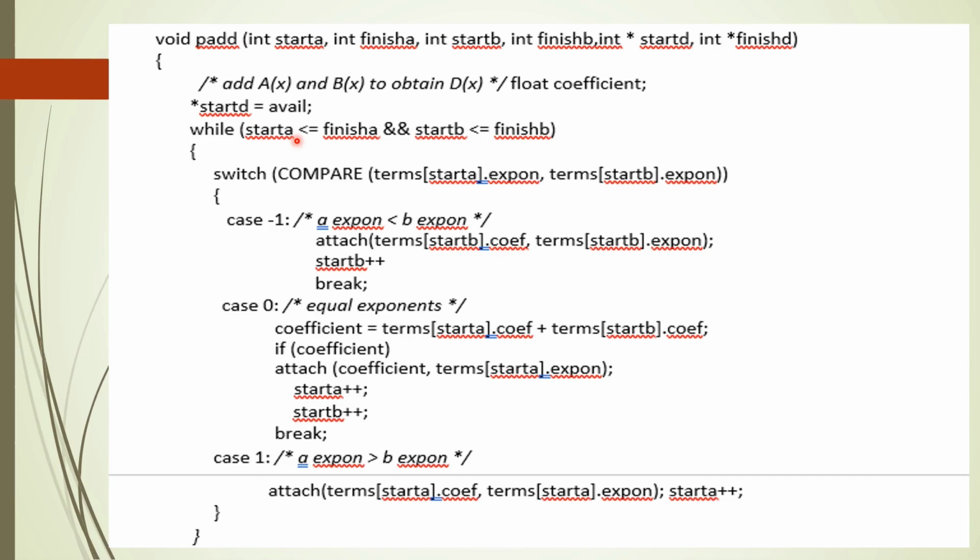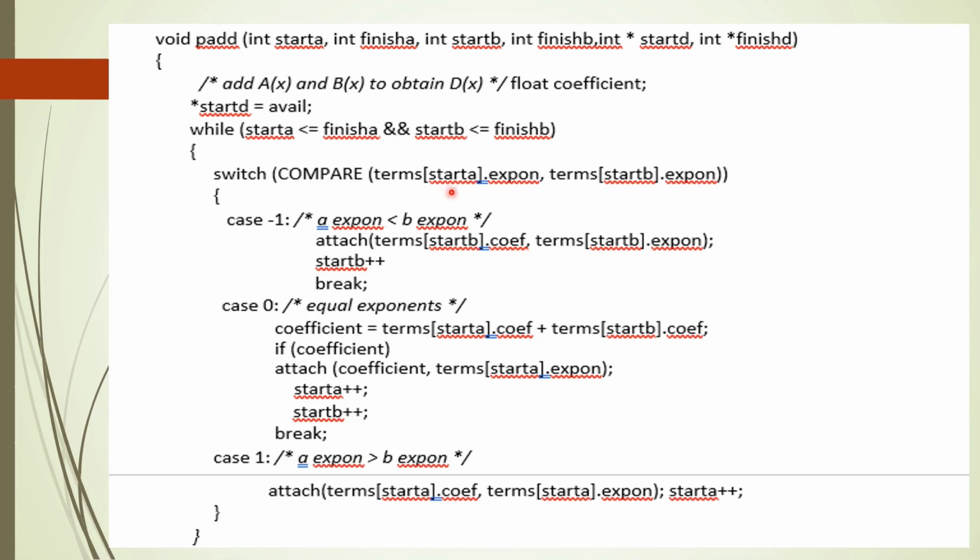As long as you have terms from both polynomials, the while loop evaluates as true, then you compare the leading exponent of the first polynomial with the leading exponent of the second polynomial. How to access the leading exponent? Terms is an array which contains the terms of the polynomial.